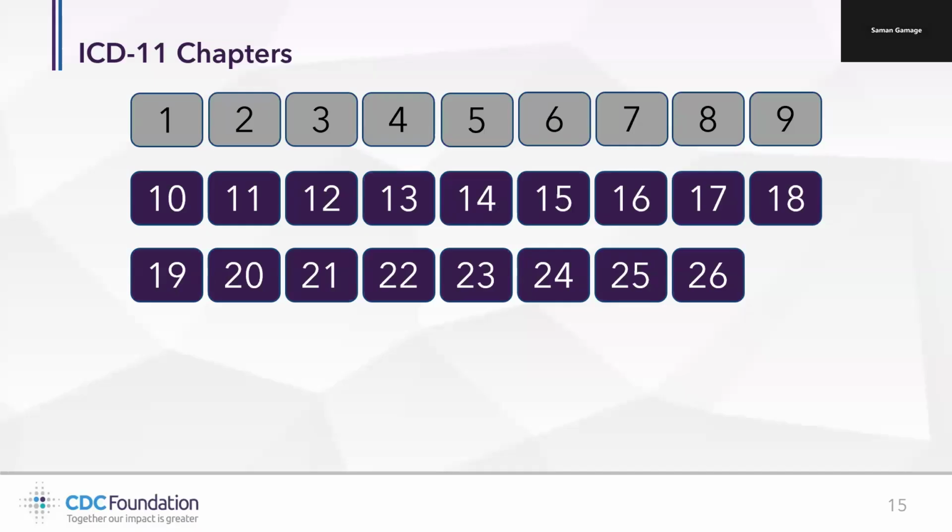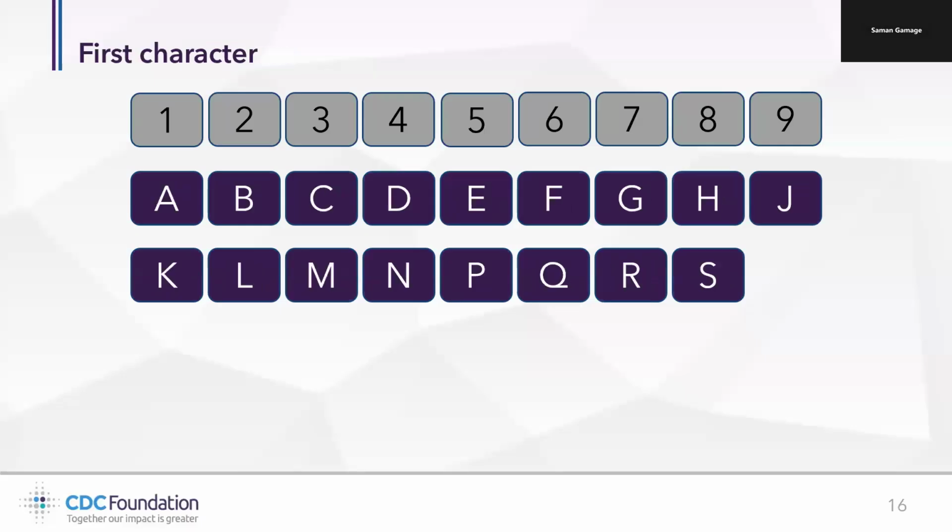As you all can see, there are 26 chapters in ICD-11. The first character for the first 9 chapters is the chapter number.